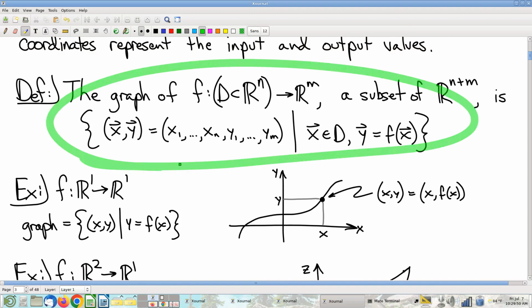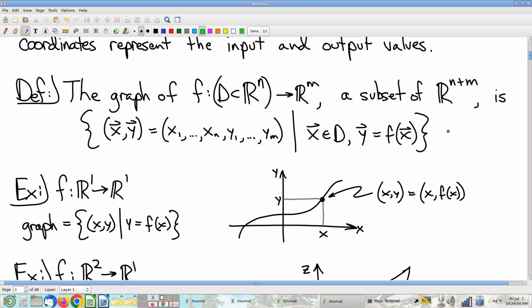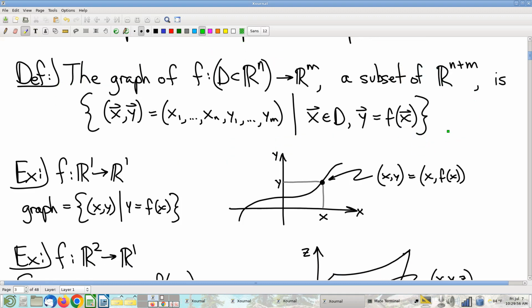I'll come back to this momentarily. First, let me remind you of what you already know of how you form a graph. If you have a single variable function, you got one input, one output, how do you form the graph? Well, y is f of x, and you take the input variable, you make that the first coordinate.